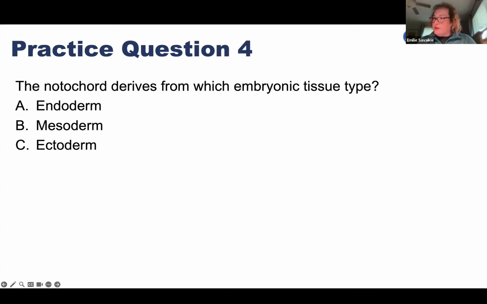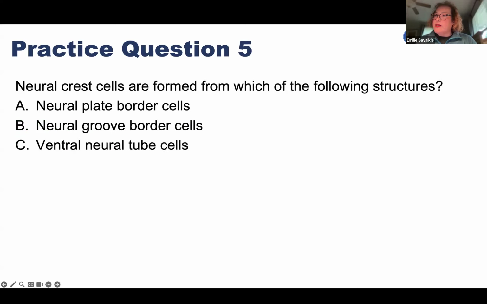Fourth question. We just got a couple more here. Notochord derives. Sorry, that was a repeat here. Neural crest cells are formed from which? I'm sorry, a couple plates. Oh, sorry, yeah. Which of the following structures?